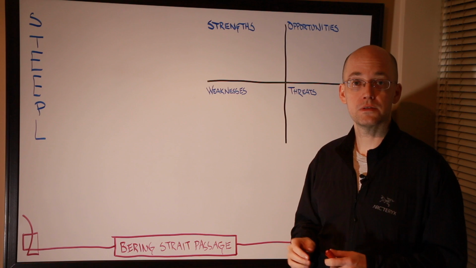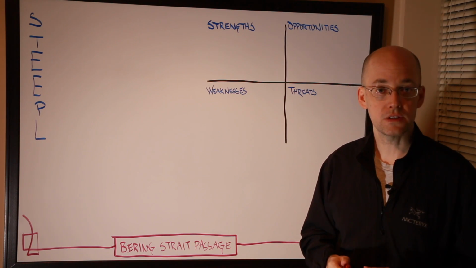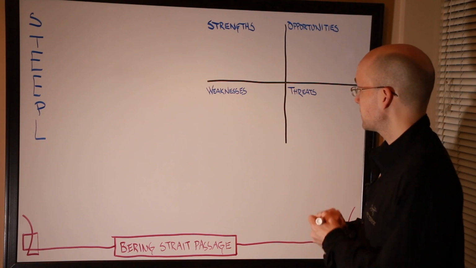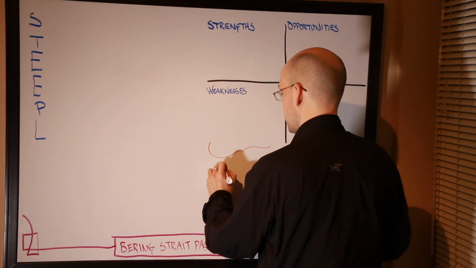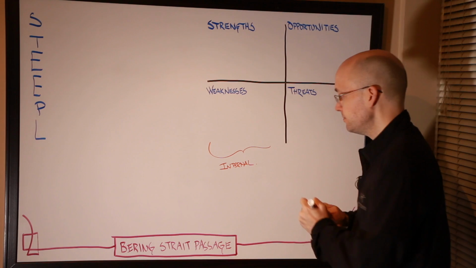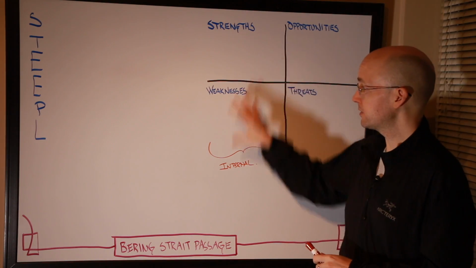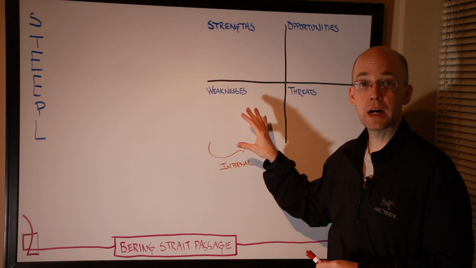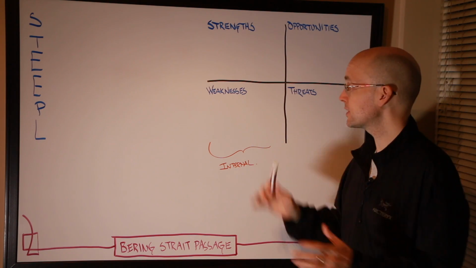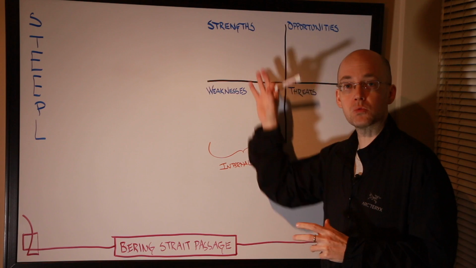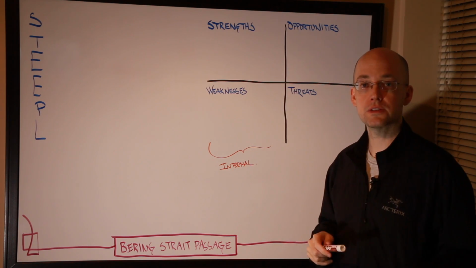Weaknesses are the things that the organization doesn't do well. And one thing to note with these is these are internal, so these are within the bounds of the organization. The organization can control these, they can manipulate these and work on these within their organization.